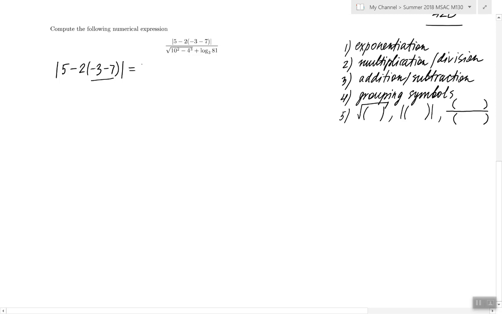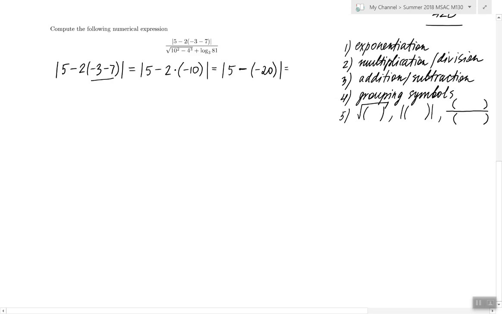So we do that first and we produce -10. Now we have multiplication here, so we have to multiply 2 by -10. 2 times -10 is -20.